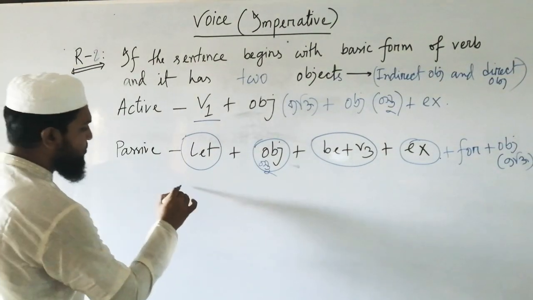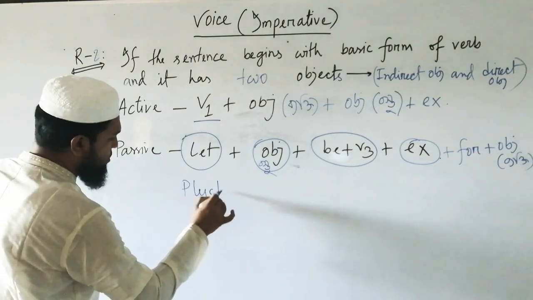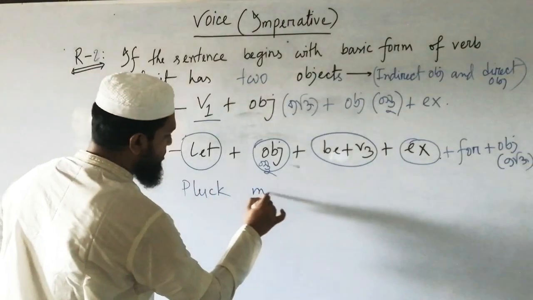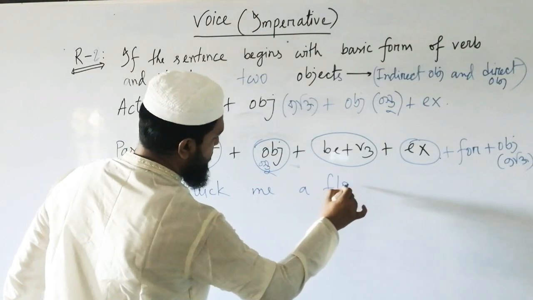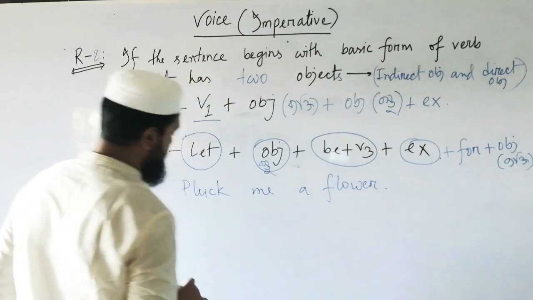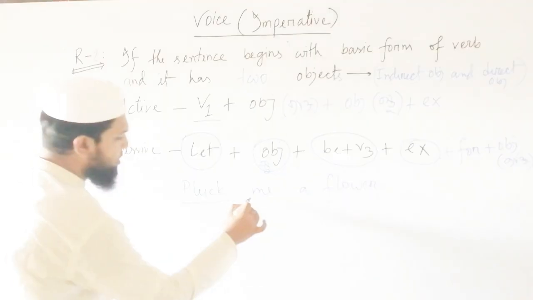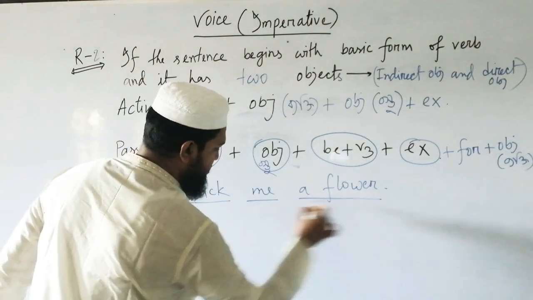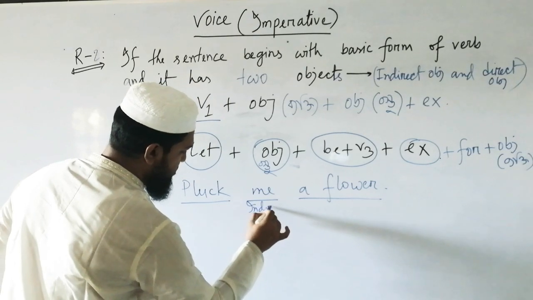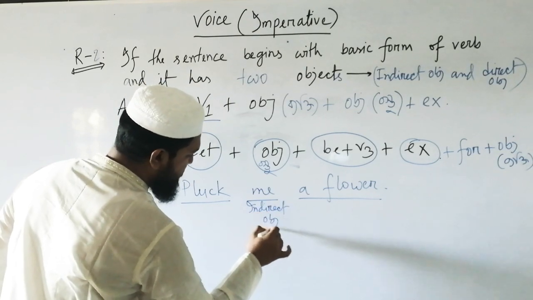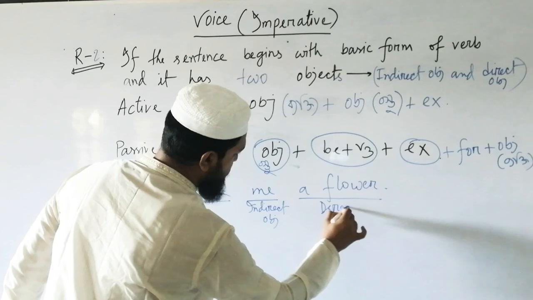Suppose, pluck me a flower. Pluck, verb 1. Me is the indirect object because it is a personal object, and a flower is the direct object.